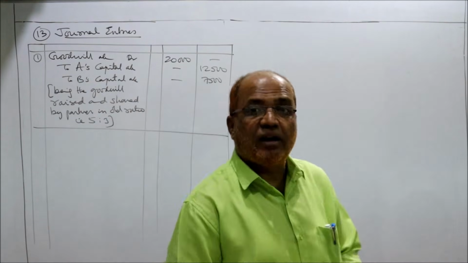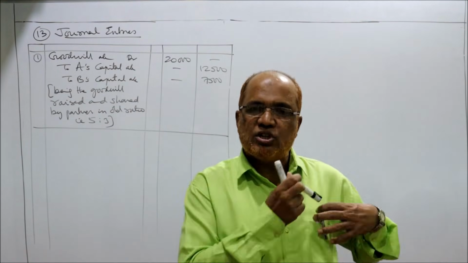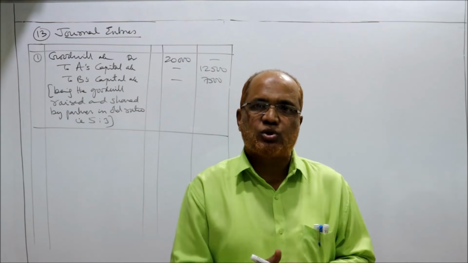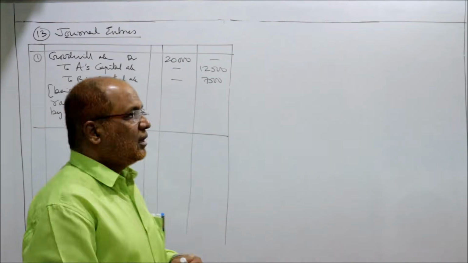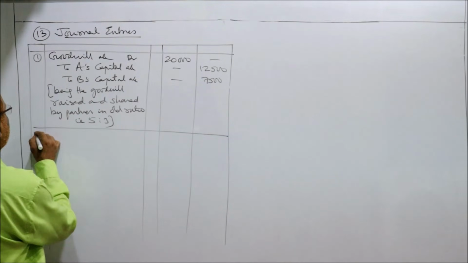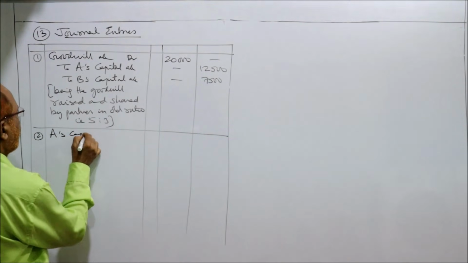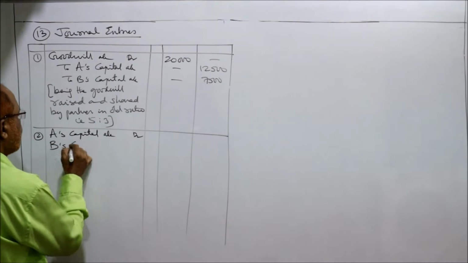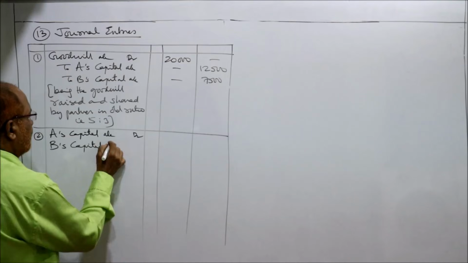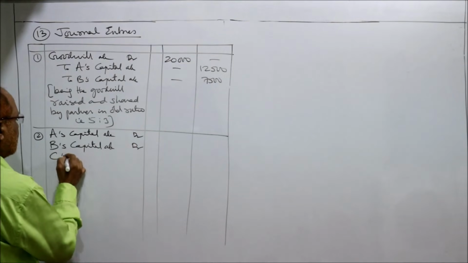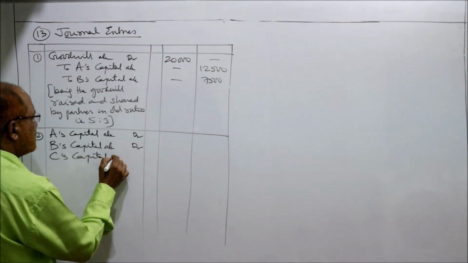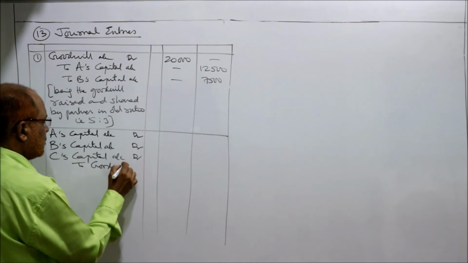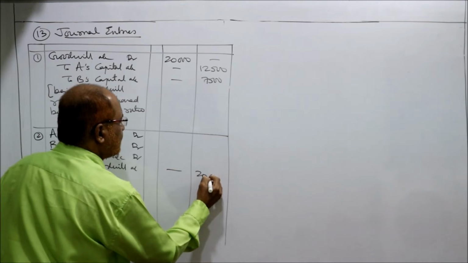Now goodwill has to be written off. After admission of C, they decided that goodwill should be written off from the books. The goodwill account should be credited. Now all the partners will be debited. A's capital account debit, B's capital account debit, C's capital account debit to goodwill account.